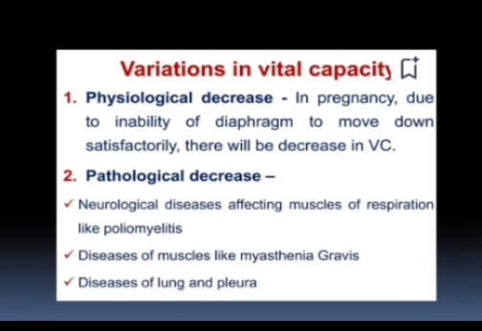So in pathological situations, such as neurological diseases which affect muscles of respiration, in children with poliomyelitis, the vital capacity is also decreased. Diseases of muscles such as myasthenia gravis. I hope you did the cytology tissues. Did you come across this disease? Fantastic. The vital capacity is decreased. And in diseases of the lung and the pleura.